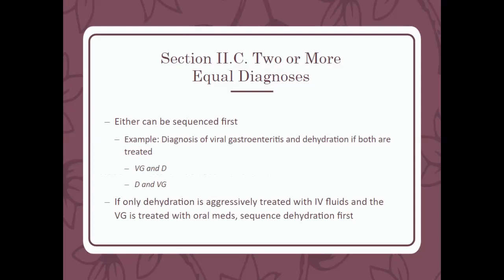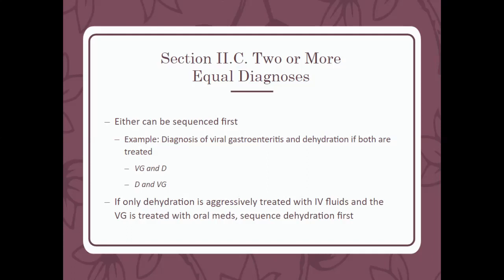When two or more diagnoses equally meet the criteria for principal diagnosis and coding guidelines do not provide sequencing direction, any one of the diagnoses may be sequenced first. For example, with a diagnosis of viral gastroenteritis and dehydration, if both are treated, VG and D or D and VG, it doesn't matter.